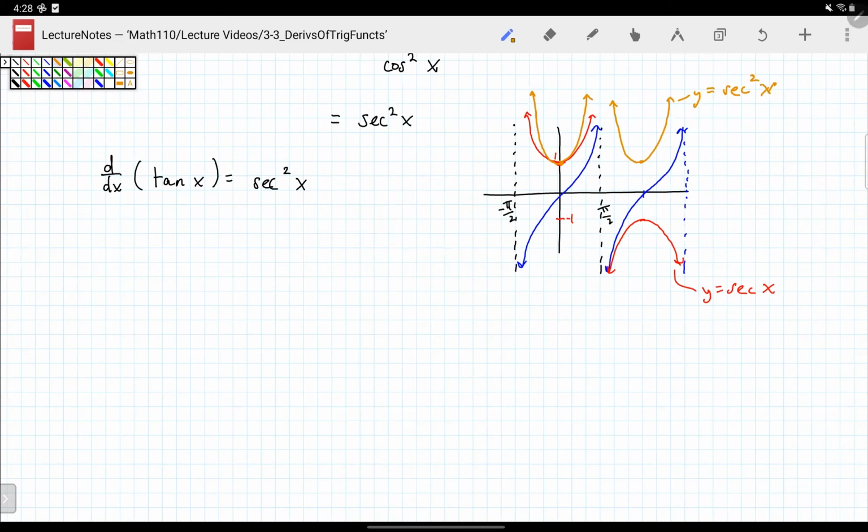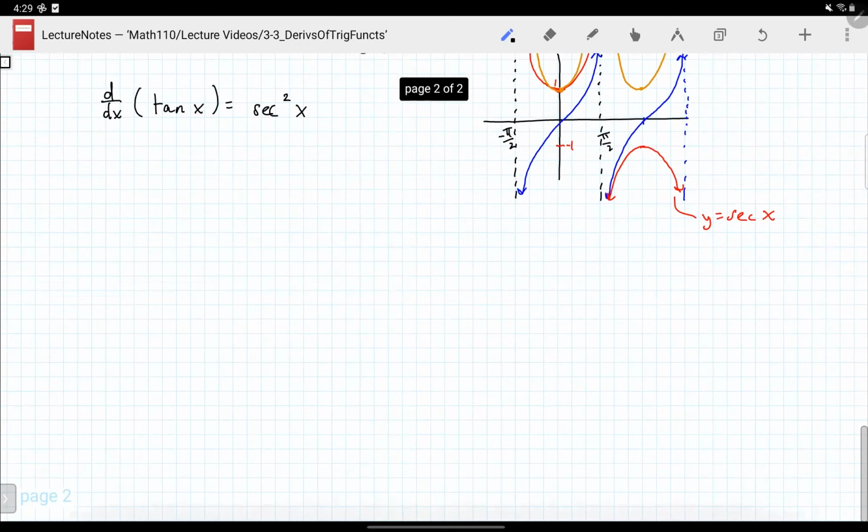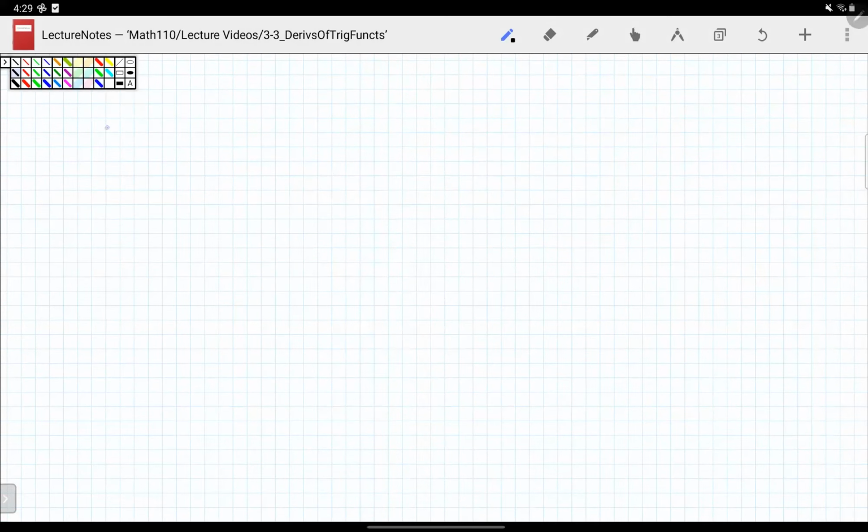that is tangent. I highly recommend that you take the time to calculate the derivative of cotangent yourself. And I am going to now calculate the derivative of secant. So the derivative of secant of x, well, secant of x is the same as 1 over cosine of x.